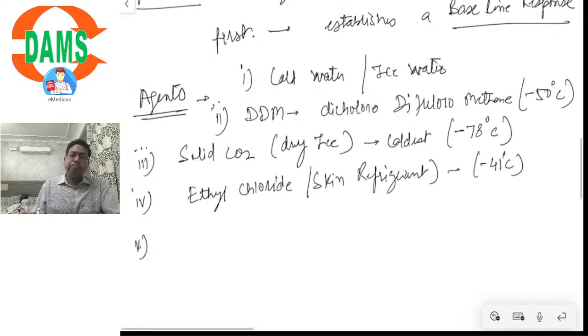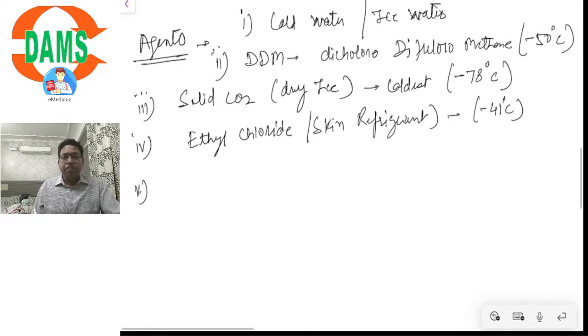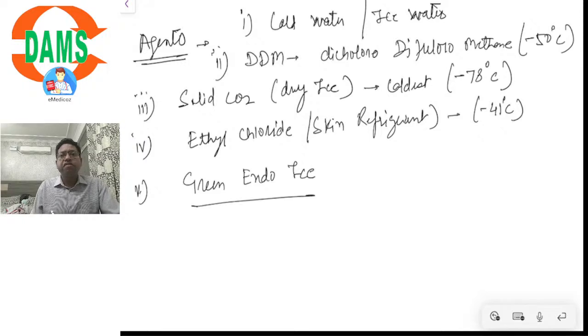We can use certain specialized agents for cold testing, that is green endo ice. Green endo ice is a commercially available testing agent like a deodorant can. It is available in a container that can be sprayed onto a cotton pellet and applied to the tooth structure.